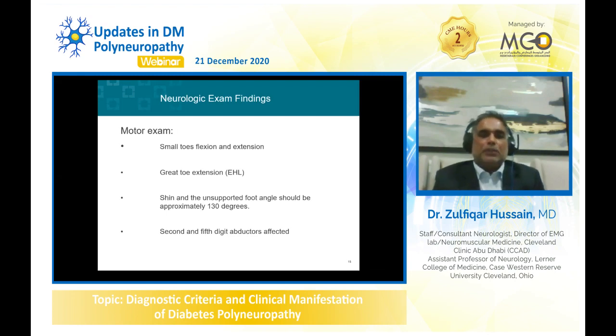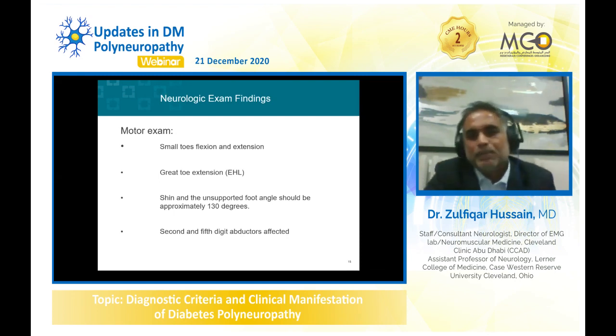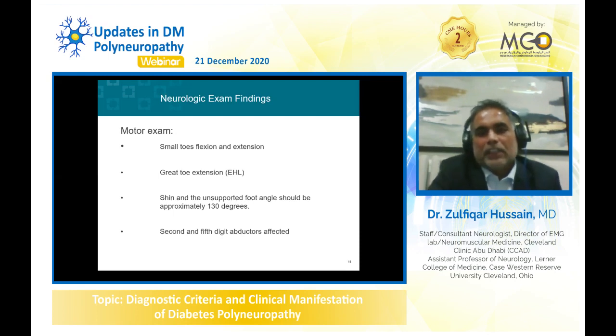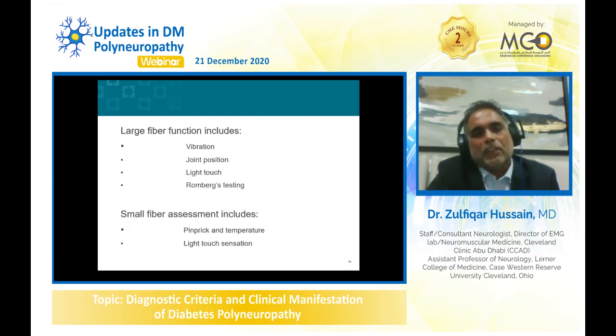In a neutral position, the shin and unsupported ankle should be approximately 130, but in diabetic patients it can be more than that. And also in the hand, the second and fifth digit abductors can be affected with motor weakness.